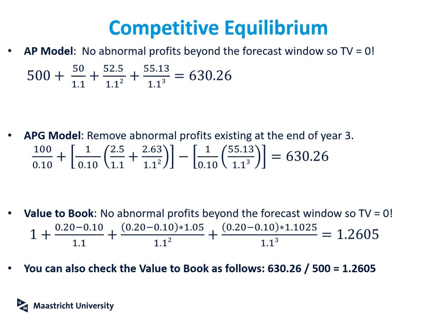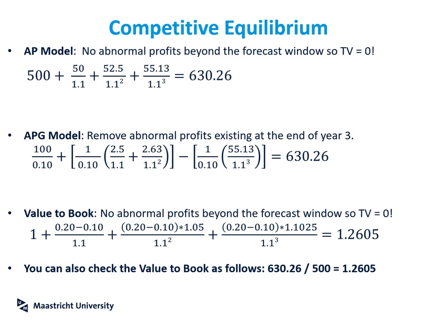So let's start with the abnormal profit model, and we're looking at the competitive equilibrium assumption, meaning that there are no abnormal profits anymore after the forecast horizon. In this case, we can see that the value of ABI should be 630.26. We start with a book value of 500.